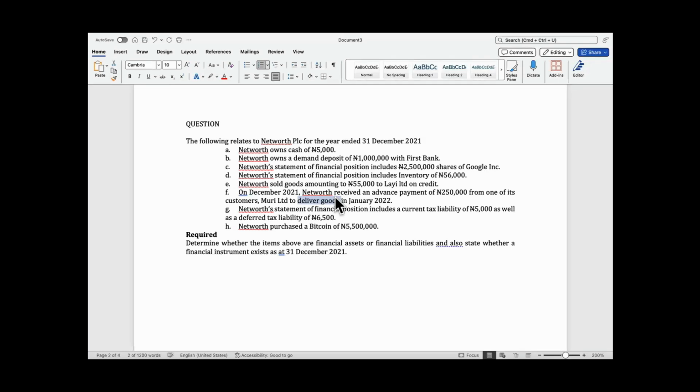He's not expecting cash. He's expecting service. So there is no financial instrument here at all, because we don't have a financial liability with the other party. So it's not complete. Anytime one of them is missing, then forget it. So that's the case of this one.